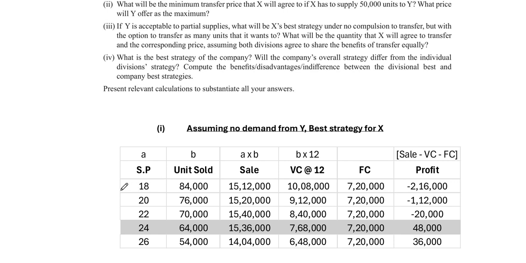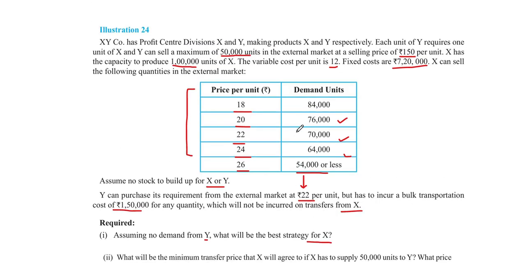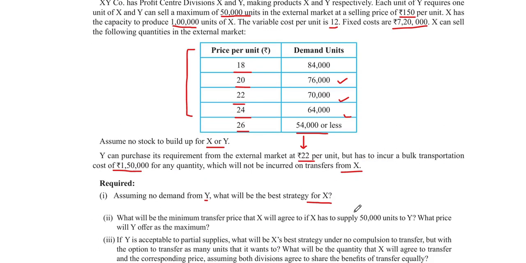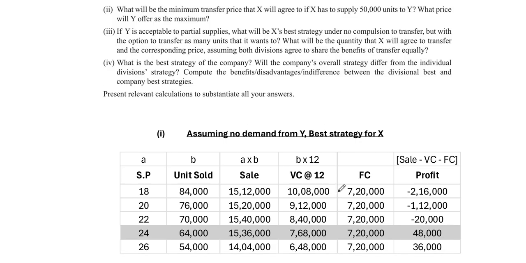When the selling price is 18 rupees, units sold is 84,000 units. So sales will be 18 into 84,000, which is 15,12,000. Variable cost is given in the question as 12 rupees per unit, so variable cost will be 84,000 units into 12 rupees, 10,08,000.